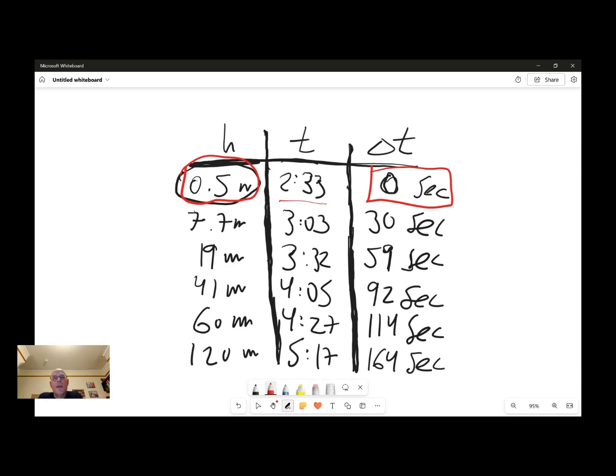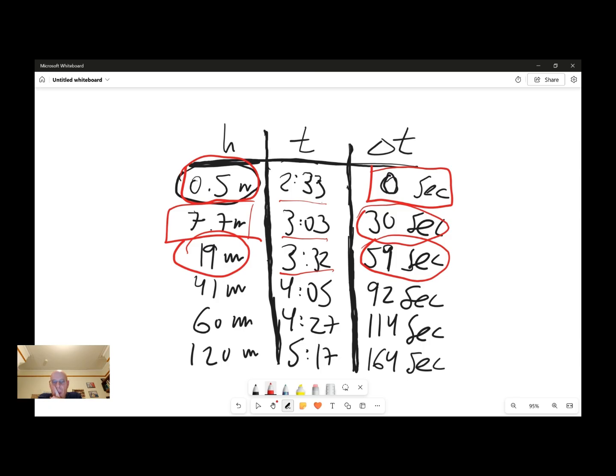Then, when the video showed 3:03, namely 30 seconds later, at the height of 7.7 meters, we witnessed a second sunset. So we lifted the drone to 19 meters, and at 3:32, namely 59 seconds after the beginning of the experiment, we witnessed a third sunset.